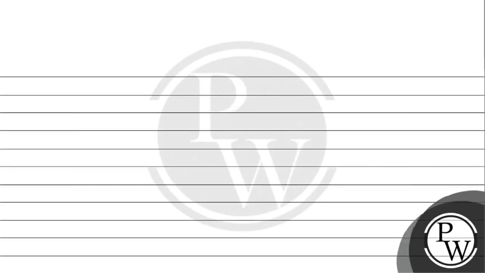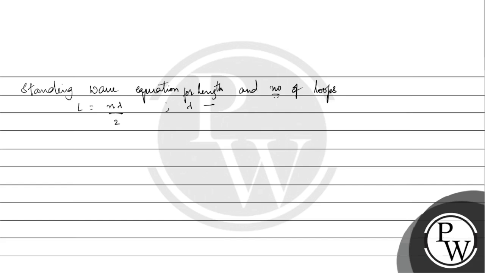So we know that the standing wave equation, जहाँ पे the length and number of loops, is essentially given by L is equal to n lambda by 2, जहाँ पे lambda है wavelength of the standing wave.